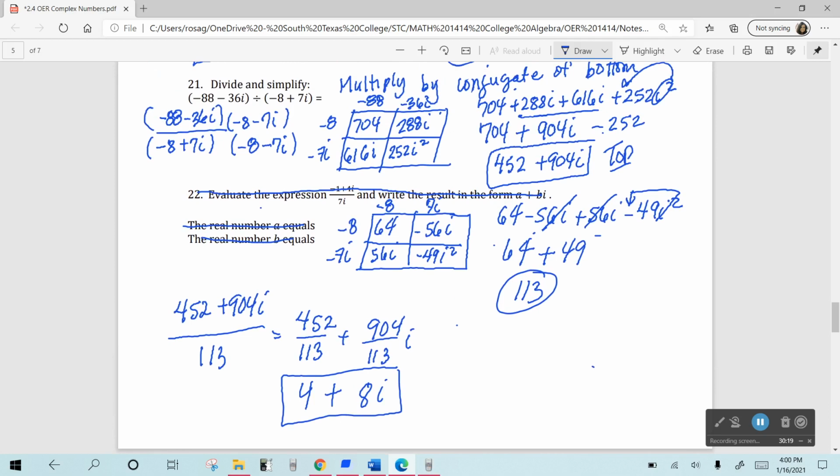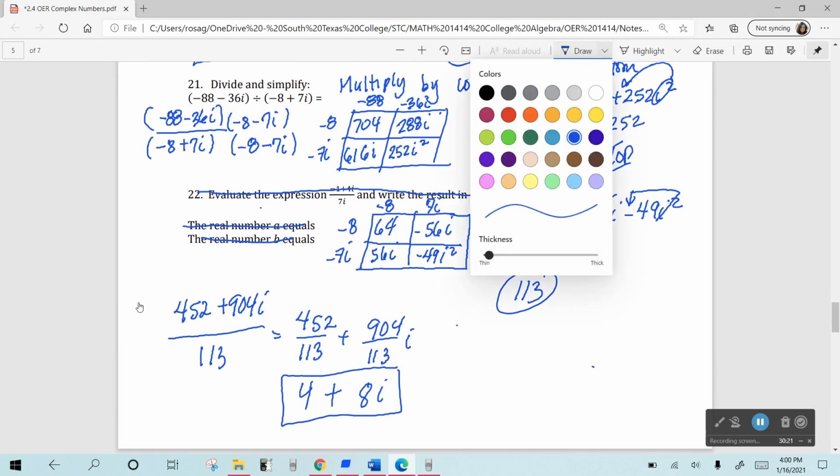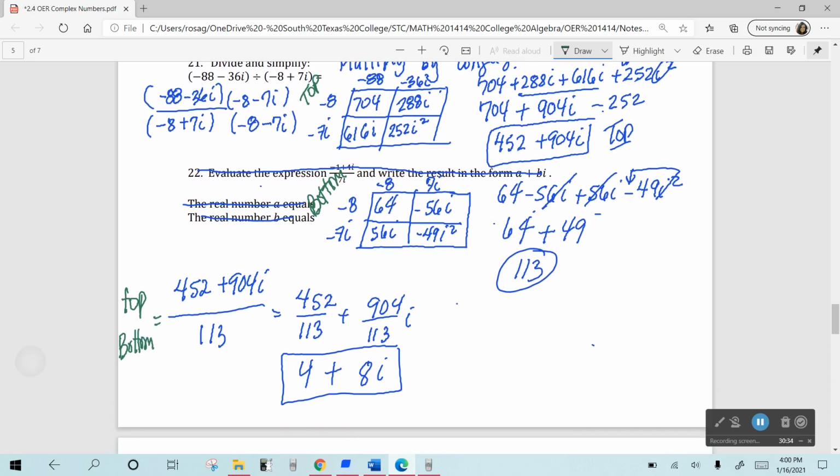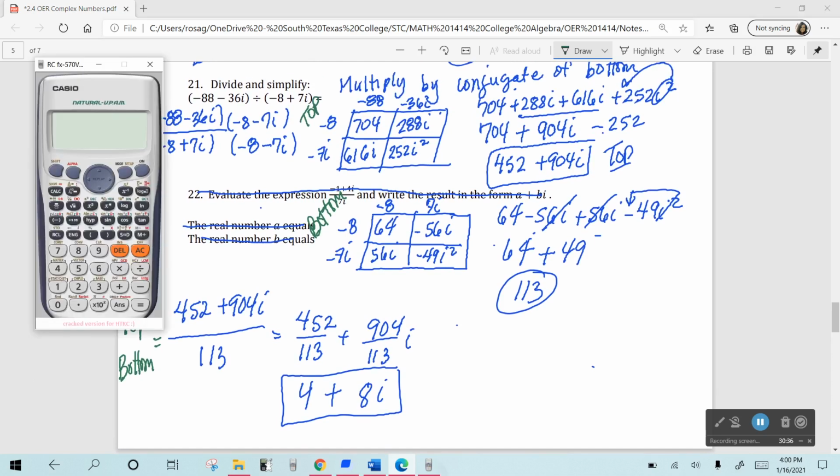Now this is the top, the bottom. So this is how we have it. That's going to be the answer. You can also put them in the calculator.